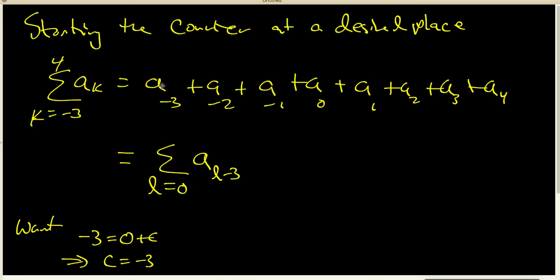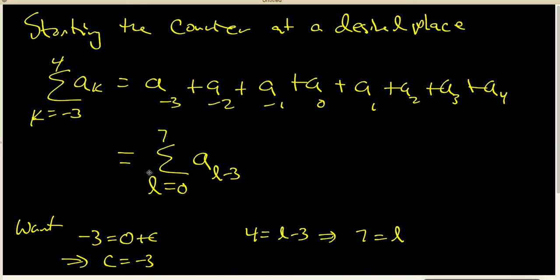Now, this is a matter of getting up to here, and what I want to notice is that 4 will be equal to L minus 3. That's for my ending value. That would say 7 has to be L. So I have to let L go all the way up to 7.